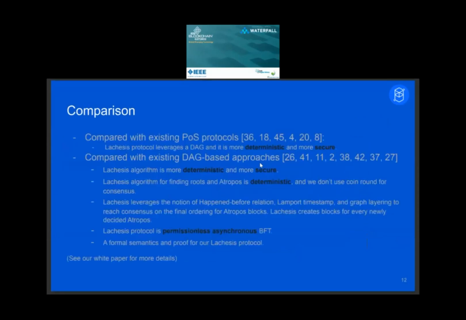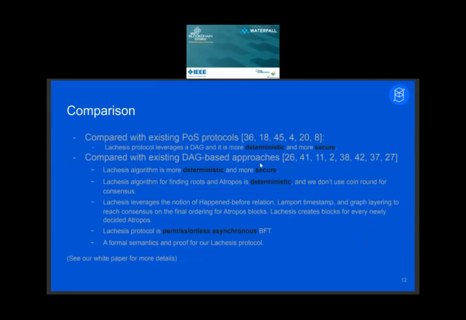So, the Lachesis consensus protocol is novel. As mentioned in the previous slide, Lachesis is permissionless, leaderless, asynchronous, Byzantine fault tolerant. Lachesis is built on proof of stake. Our Lachesis algorithm leverages the local DAG on each node effectively to have a faster and more secure computation of the consensus.